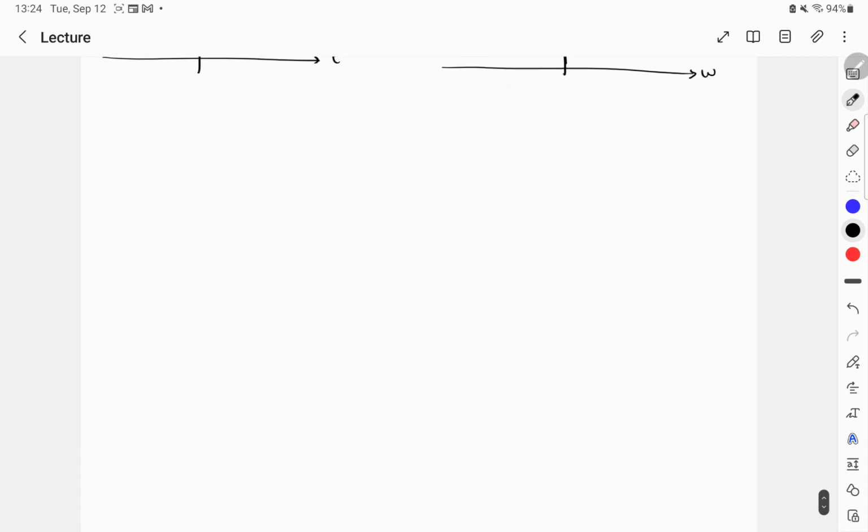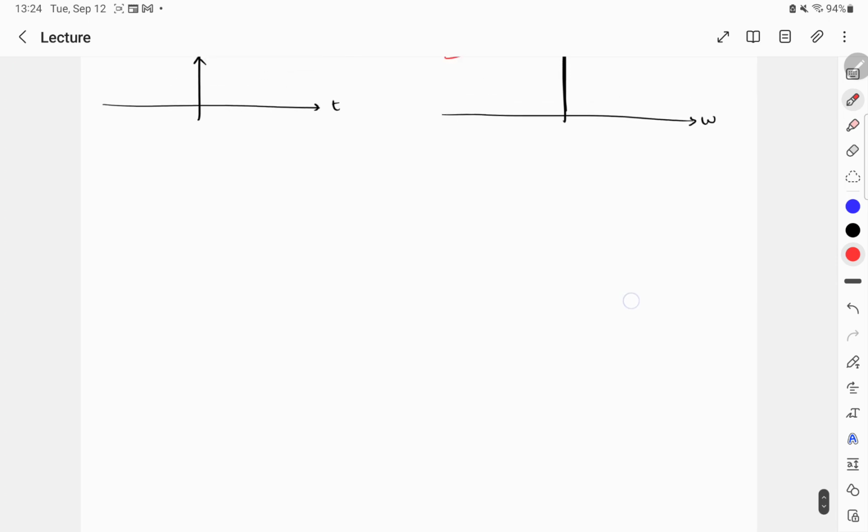Now let us look at some other example for the Fourier transform. This is a harder one. Let's look at a harder example. x(t) is equal to e to the minus a t squared. We want the Fourier transform of this function. We are also given that a is greater than 0. So what do we do?